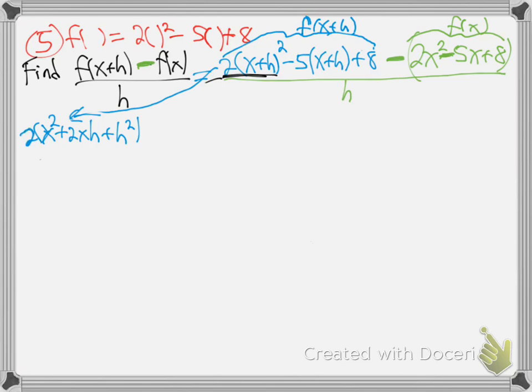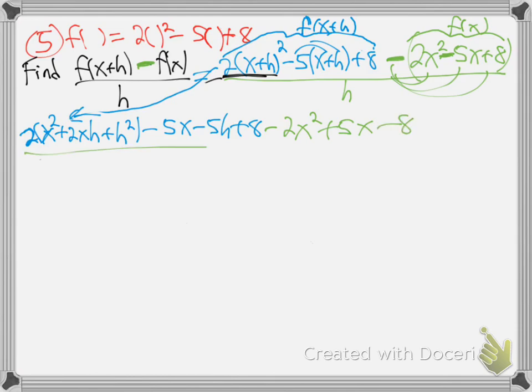And the 2 is still in the front, minus, and then the 5 is going to distribute through, minus 5x minus 5h plus 8, and then this minus sign is going to go boom, boom, boom, changing all the signs. Minus 2x squared plus 5x minus 8, all over h.